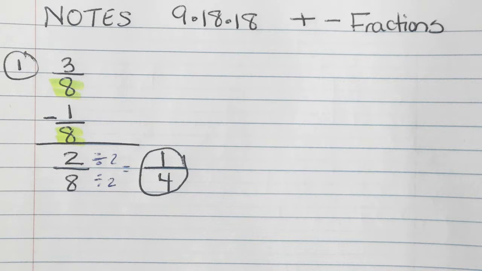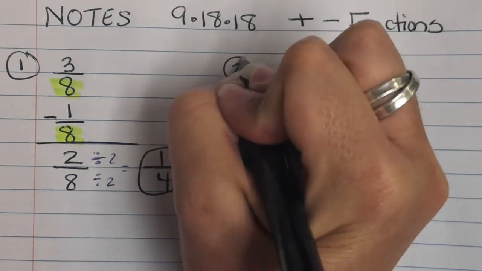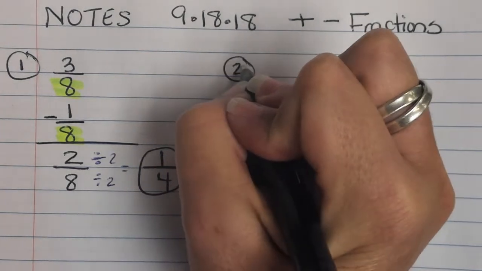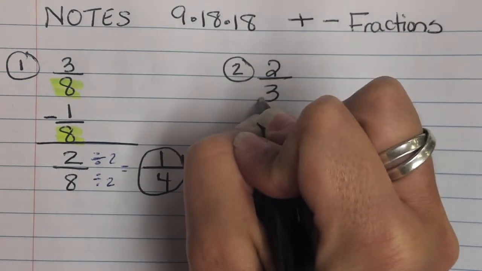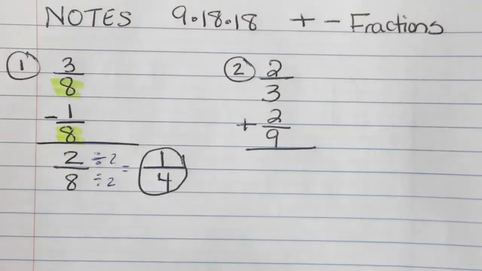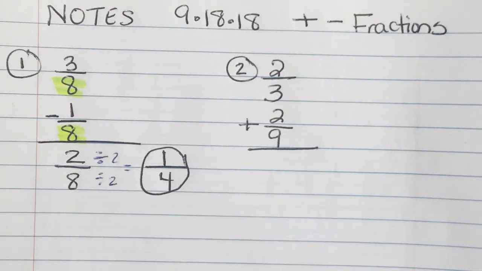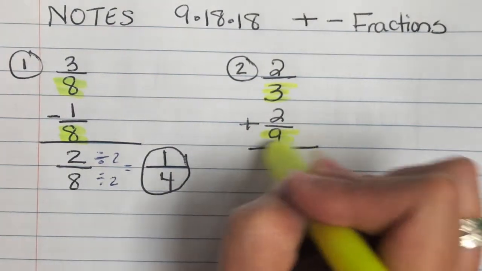Okay. The next one is this one. We have 2/3 plus 2/9. And from previous years, you've probably noticed that you got to have a common denominator to do these things.